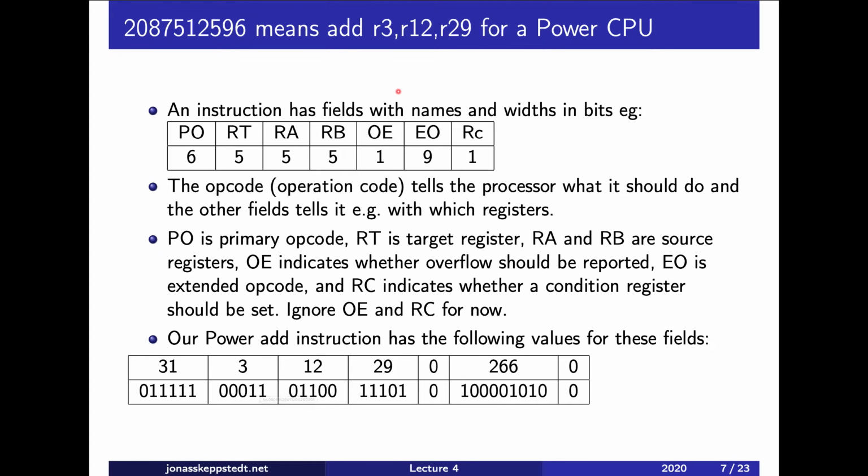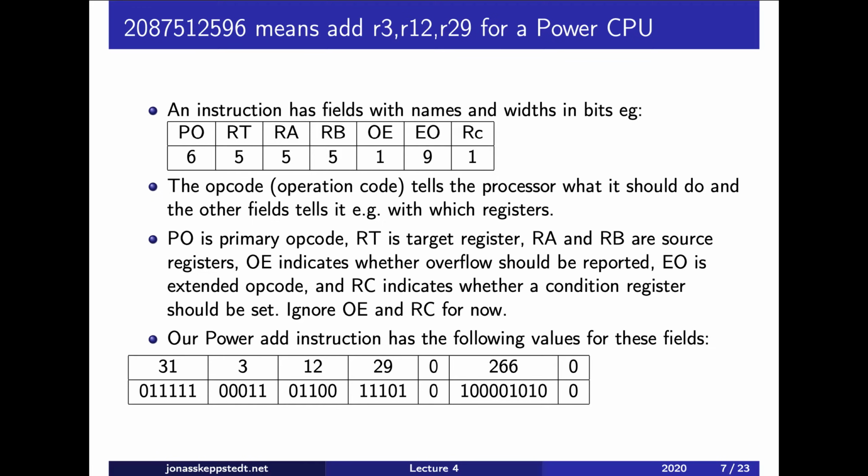We can look at the other operands. 12 is in this position, this is decimal and that is binary. And then we have 29, which is there. And some more bits, which we come to soon.